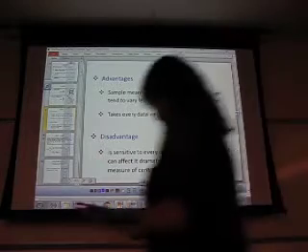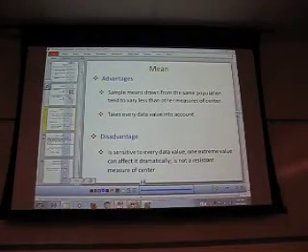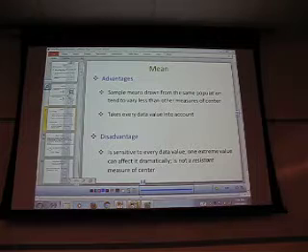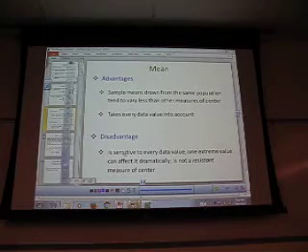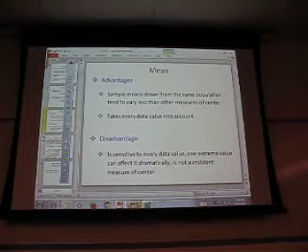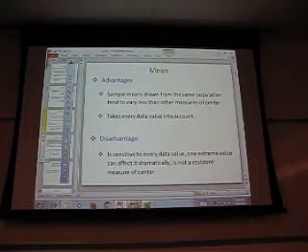Disadvantages: it is sensitive to every data value. One extreme value can affect it dramatically. It is not a resistant measure of center. Yes, we're going to see that in a minute. I'm going to pull up a video in just a few minutes. We'll see what we mean by that, not being a resistant measure of center. In other words, it's greatly affected by outliers.